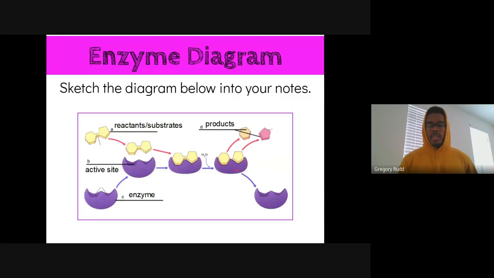And then, like I said, the enzyme comes out looking exactly as it did in the beginning. So that means that this same enzyme can then go right back and it can be used to break down another substrate. Okay, two more minutes to draw that.